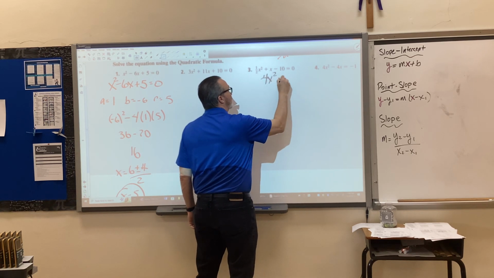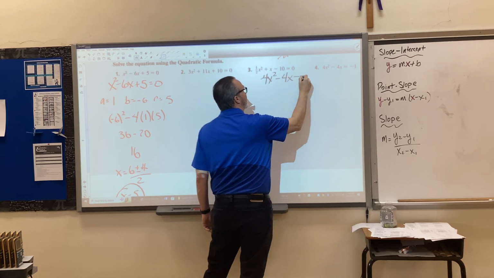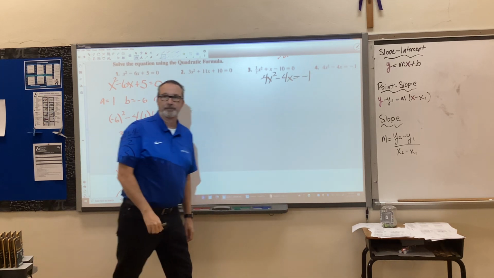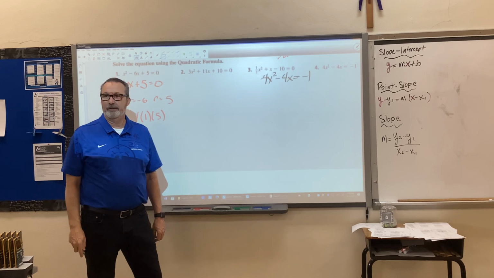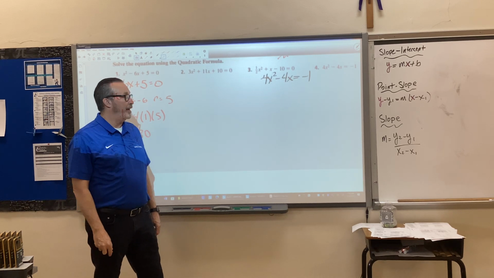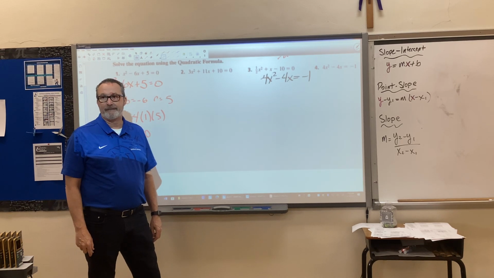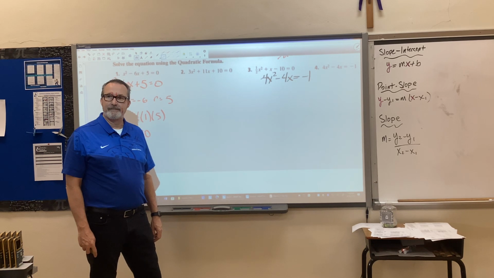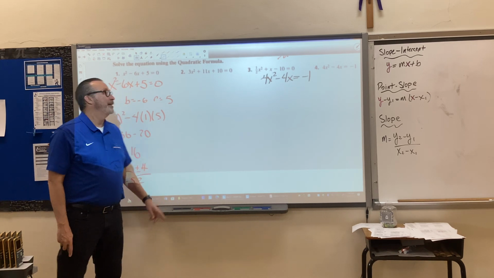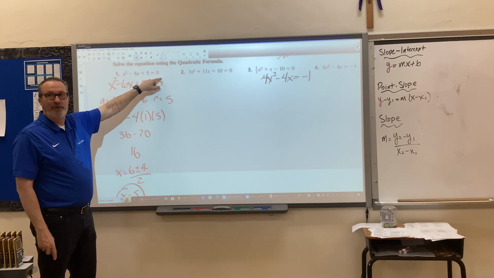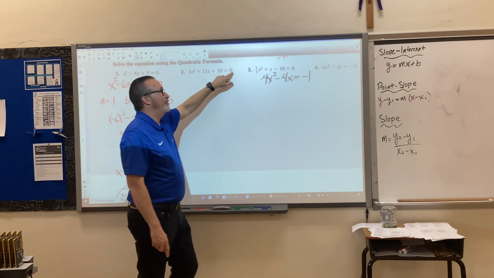4x squared minus 4x equals negative 1. Is A 4? Yeah? Is B -4? Yes? Is C 0 or -1? Well, the trick is it must equal 0 in order for you to use the quadratic formula.